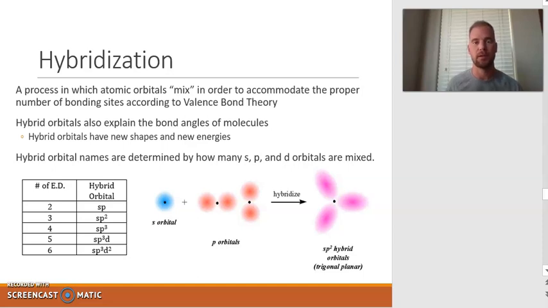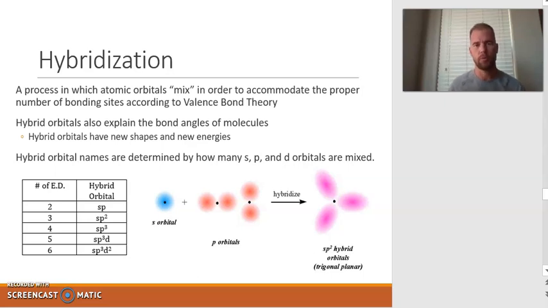This also happens because it ends up being lower in energy than what it would have been before. And so hybrid orbitals help us explain the bond angles for a particular molecule, such as trigonal planar, which was 120 degrees. So hybrid orbitals allow us to create these new shapes of molecules and thus new energies.